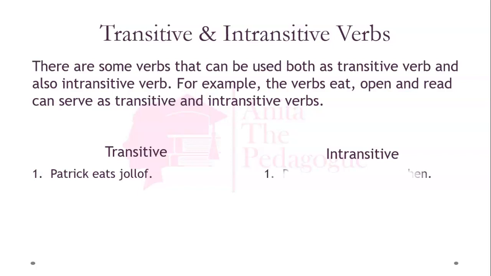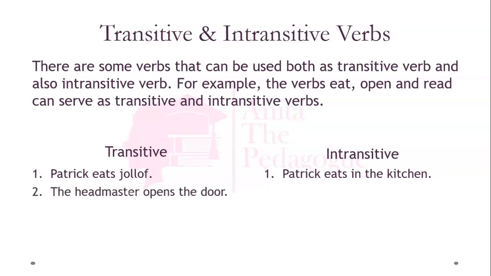Now let's take a look at the other side. Under intransitive, we have: Patrick eats in the kitchen. So you realize that the verb eats is not followed by an object or a noun, but rather it is followed by a preposition, in.